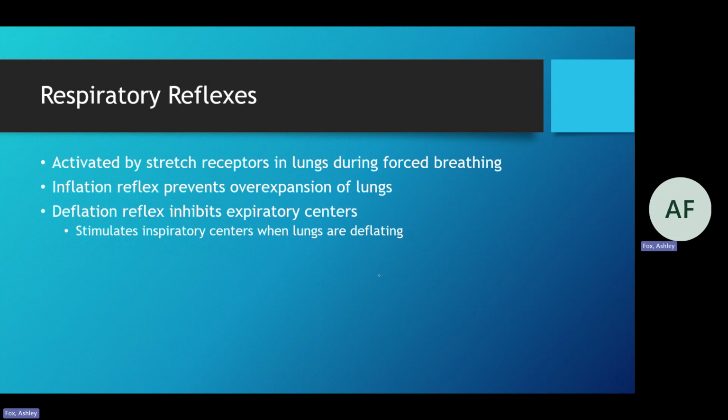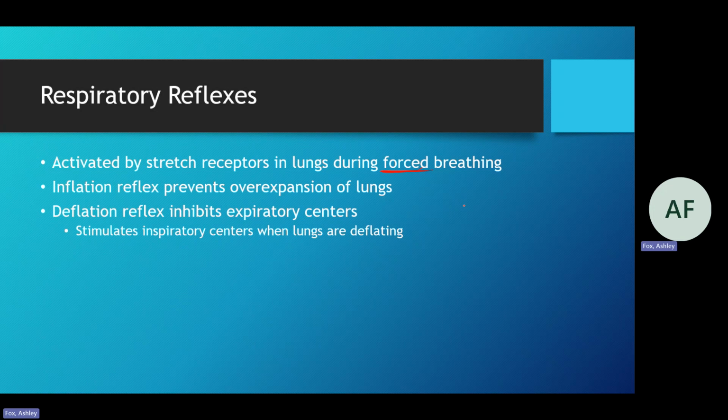We also have reflexes. There are stretch receptors in the lungs, and that's specifically in forced breathing, not your normal resting in and out. This is if you're trying to take a really deep breath or push a lot of air out.